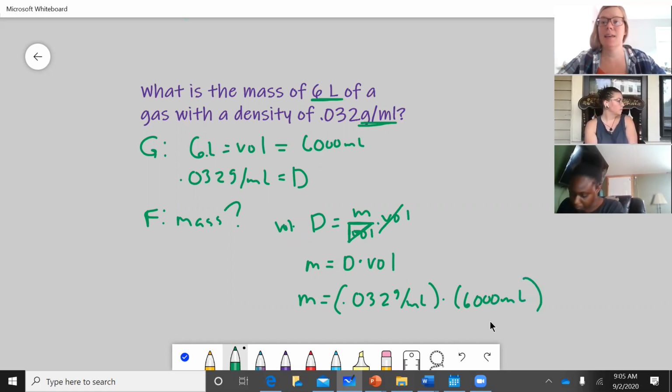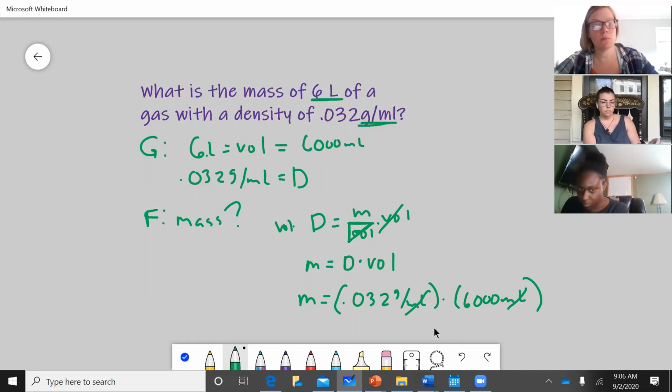Okay, I like this because there's a milliliter, and underneath this fraction bar is a milliliter. Those are going to disappear on me. Okay, 0.032 times 6,000. So your mass is equal 192 grams.